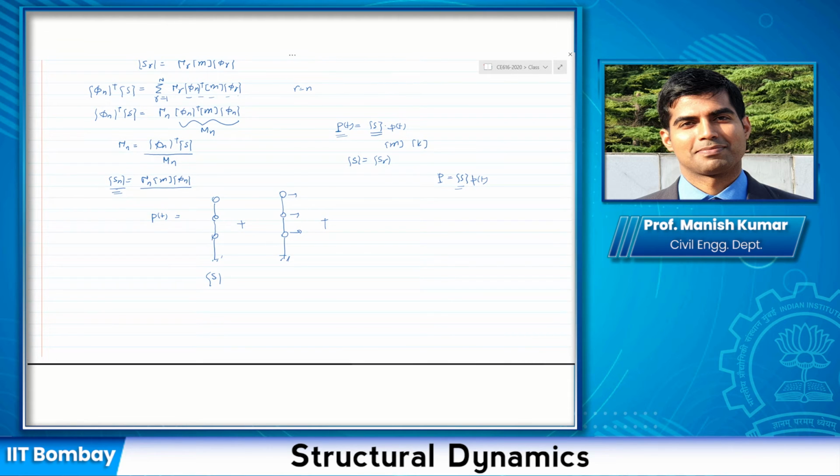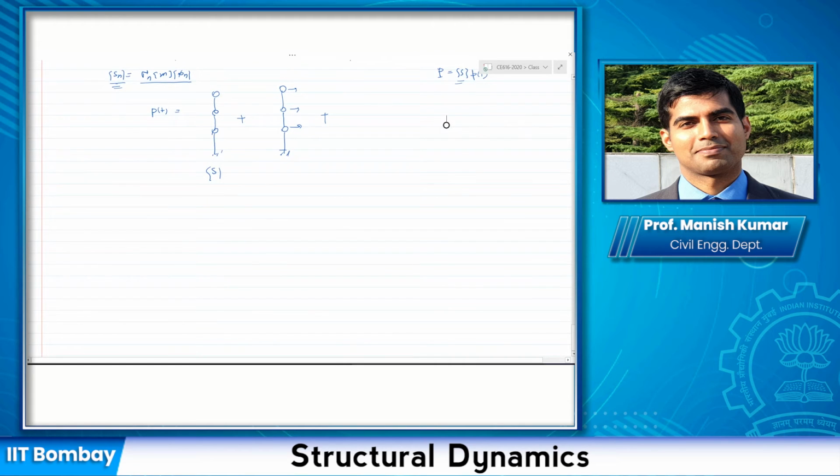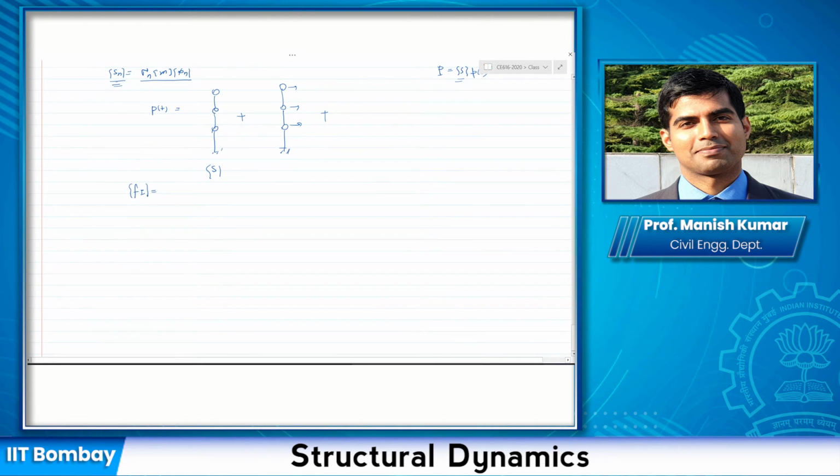And we can prove that mathematically as well. Let us say the inertial force in my nth mode would be what? In my nth mode, the inertial force, let us say f_In, would be the mass matrix times the acceleration of each degree of freedom in that nth mode, right?